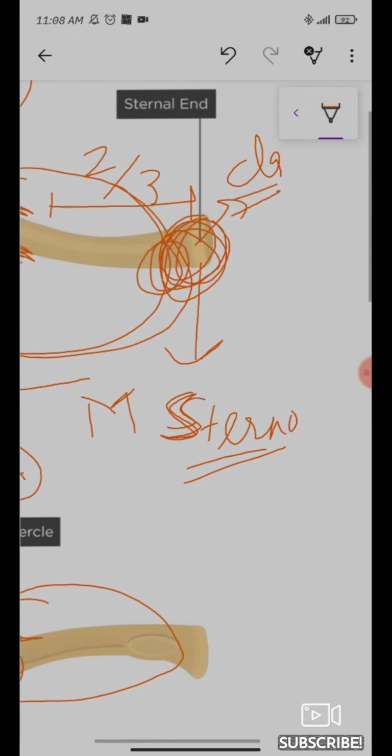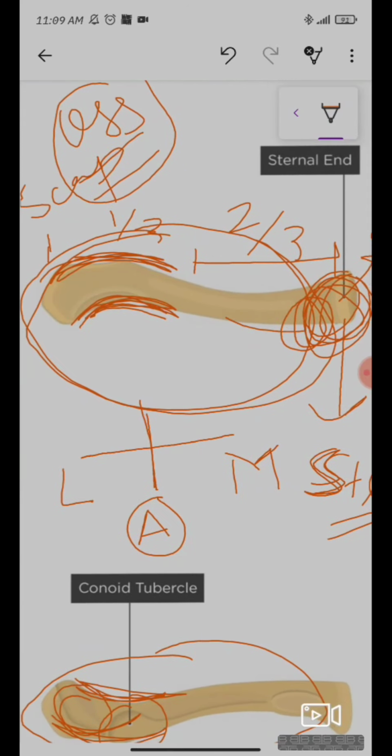Okay, now we will talk about the medial 2/3 part. It has four surfaces: anterior, posterior, superior and inferior. The anterior surface is convex and the posterior surface is concave.